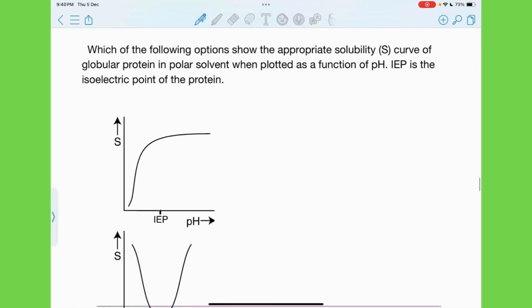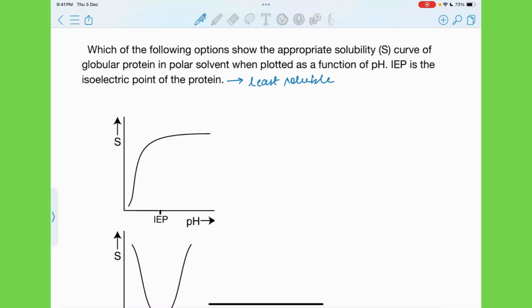Next is, which of the following options shows the appropriate solubility curve of the globular protein in polar solvent when plotted as a function of pH? IEP is the isoelectric point of the protein. Okay, so we know at the isoelectric point the protein is least soluble. This is because it has no net charge, leading to minimal electrostatic repulsion between the protein molecules.